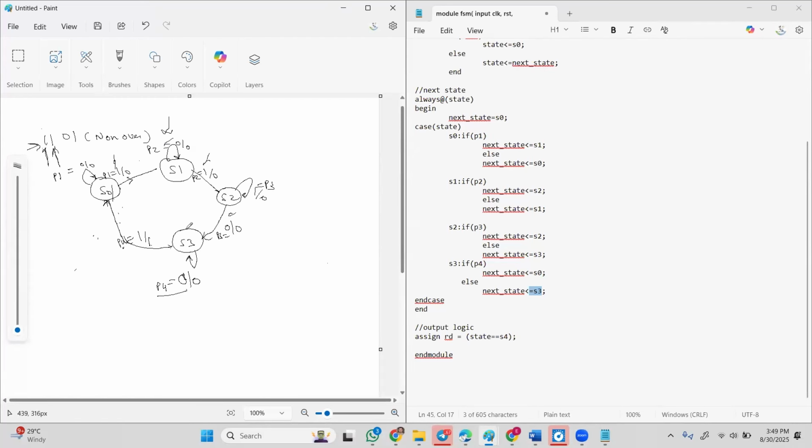No. For this you have written P2, right? Yes, sir. When the input and output are 0, it will go to S naught only. You have it wrong there. From S1 to S naught, when the input and output are 0, it will go to S naught. Okay. Yes, sir.